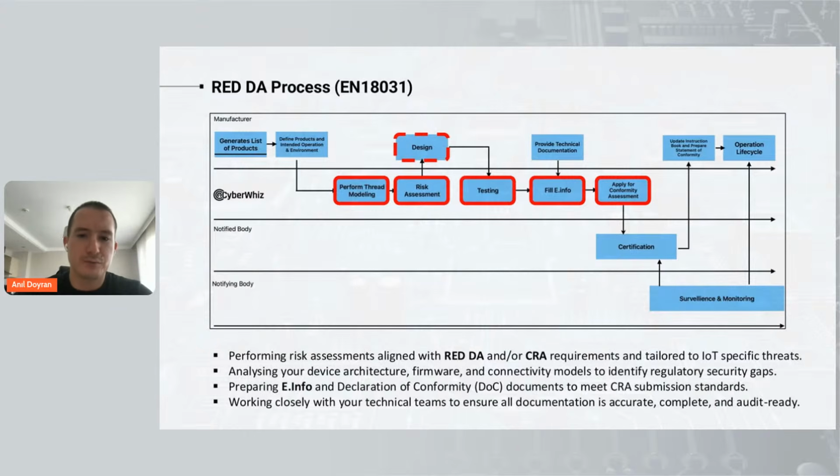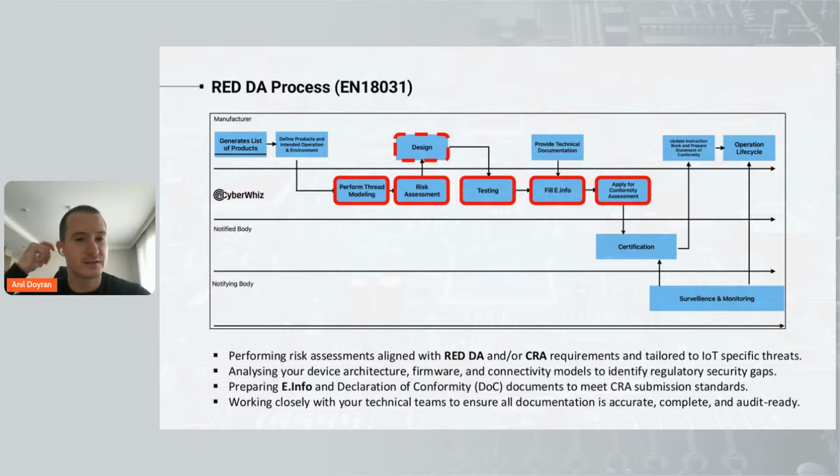When we look at the RED DA process, device manufacturers might continue with self-declaration, or they can decide to get an official certificate from a notified body. But there are processes that manufacturers need to do at the beginning. First, the device must be analyzed, and we need to find the missing points according to the regulation.